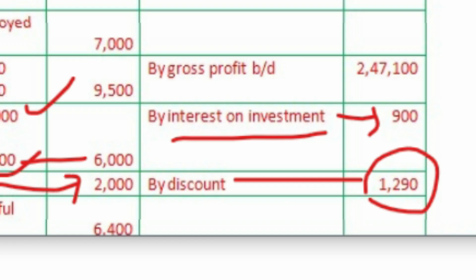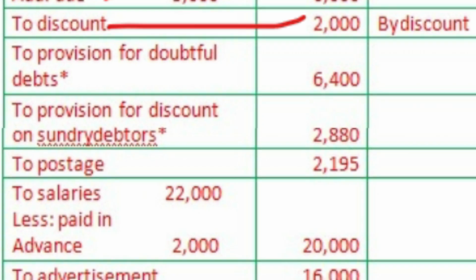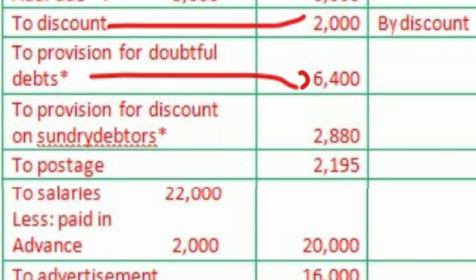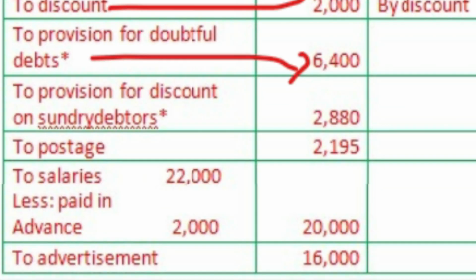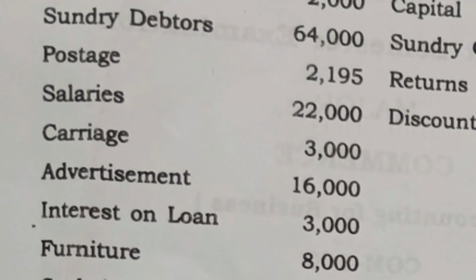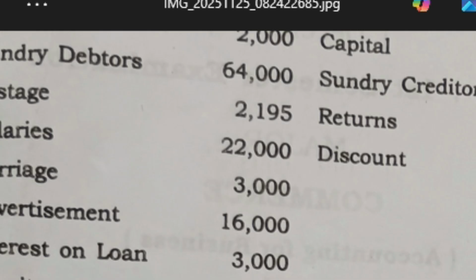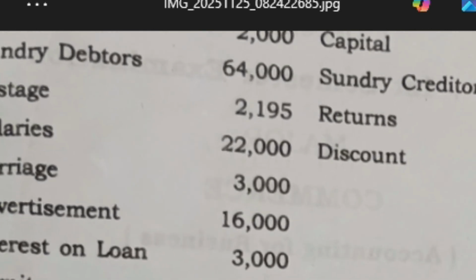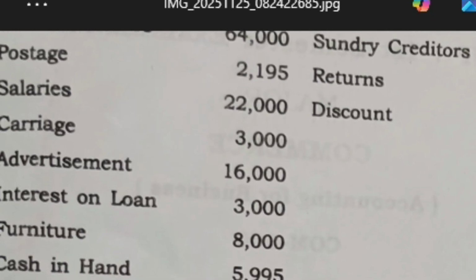Next, provision for doubtful debts, 6,400. In the given question, this 6,400 amount is calculated on the balance of sundry debtors. If you see the question here, sundry debtors are 64,000, and the question says a 10% provision is to be maintained.